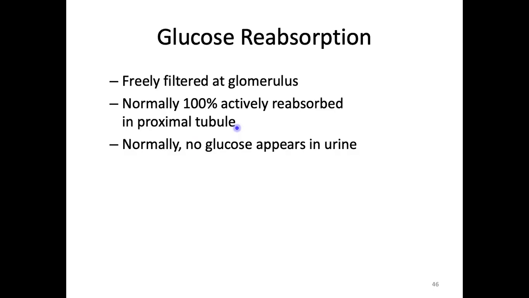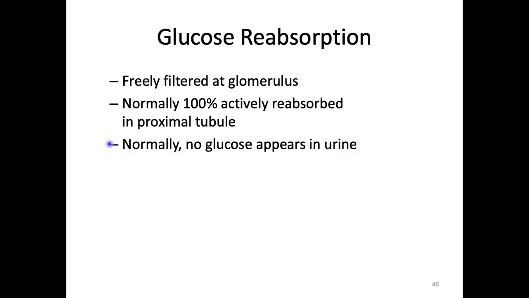So normally, in a healthy individual, no glucose should be in the urine. If I drank a gallon or a couple gallons of Gatorade, all that glucose is going to go into my bloodstream, get filtered out of the glomerulus, and it should get reabsorbed in the proximal convoluted tubule. Therefore, I should not have any glucose in the urine.